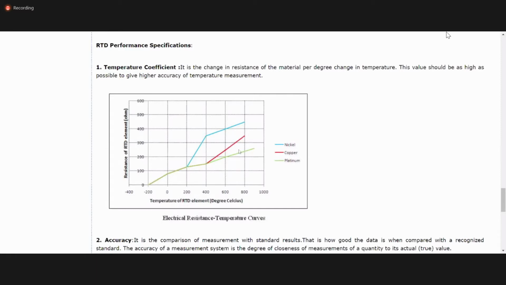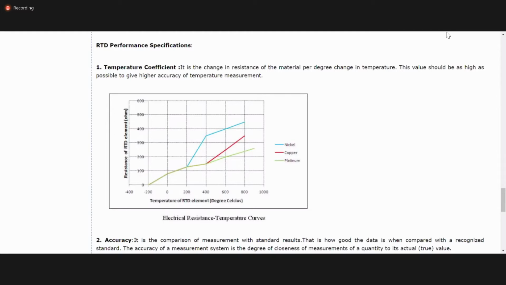Here the graph shows that. Green color shows platinum, red color shows copper, and light blue color shows nickel. Platinum resistance is increasing linearly.